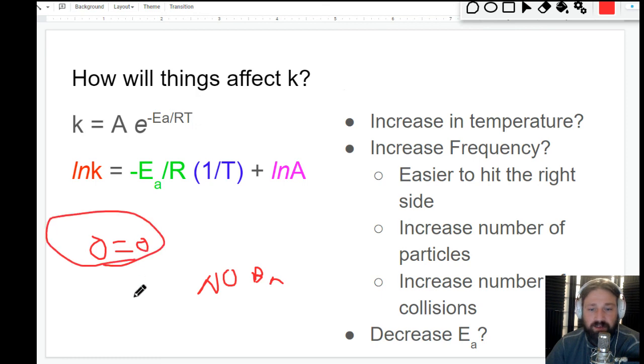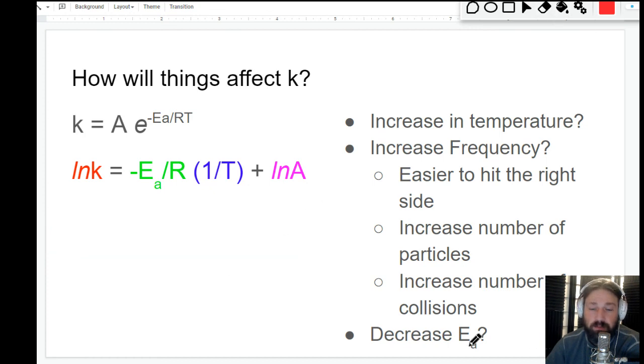This guy is going to have the faster reaction because it's easier to hit at the right side. There's no steric hindrance here. This one, you have to actually hit the bromine on the right side in order for it to actually have a reaction. So there you have an increase of steric hindrance. It's harder to hit, so it's going to be slower to go.